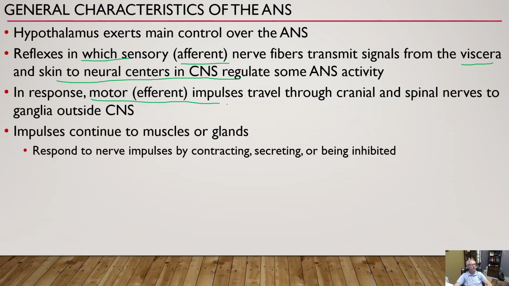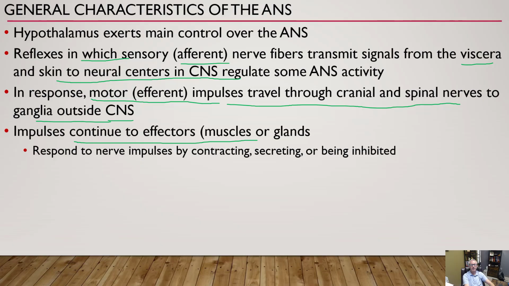Then we have those efferent pathways that go through ganglia, which we'll talk about in a few minutes, outside of the central nervous system to act on those effectors, which are muscles or glands. In response, those nerves will either contract skeletal muscles, secrete something, or inhibit skeletal muscle movement or stop a gland from secreting something.